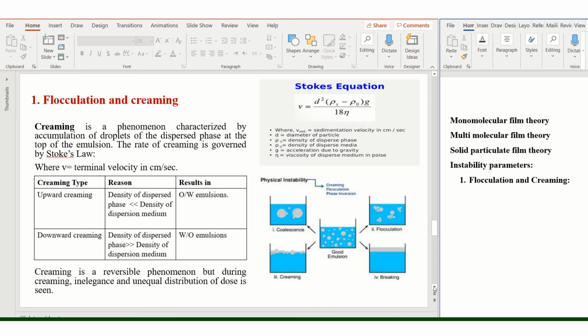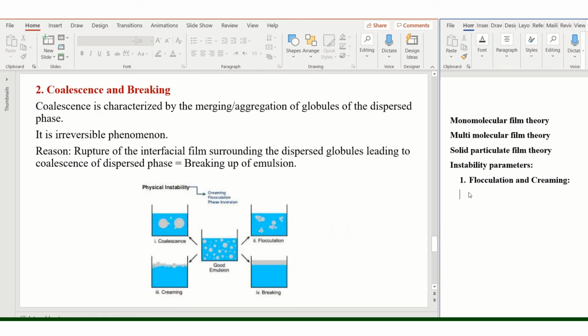Now let's see the next instability parameter, which is coalescence and breaking.